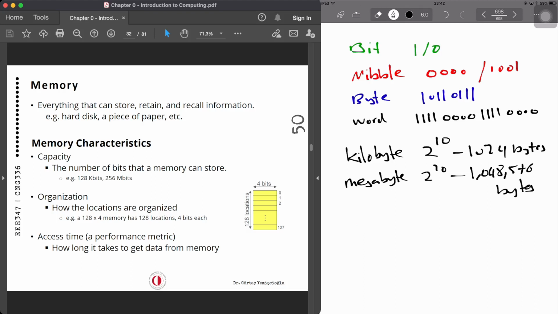Now, when we consider these memories, what is more important is to derive their sizes and capacities. For example, we say 16 megabytes of memory.